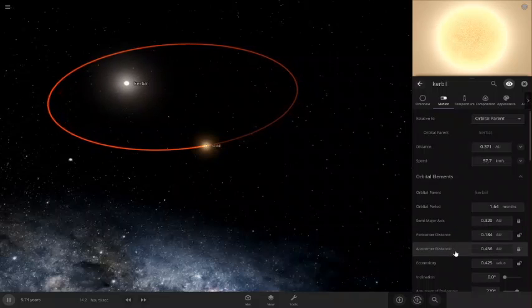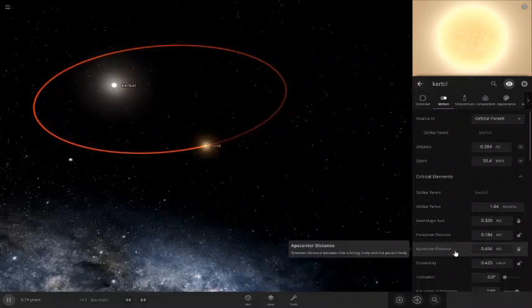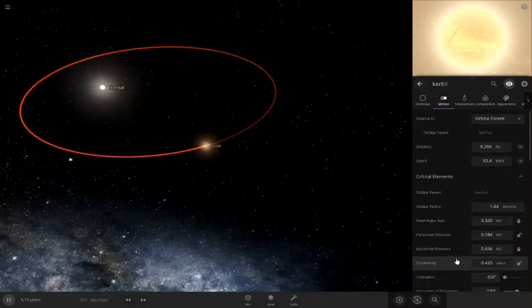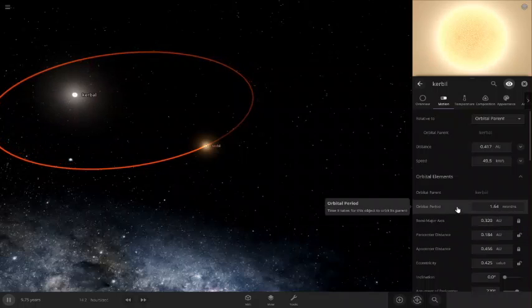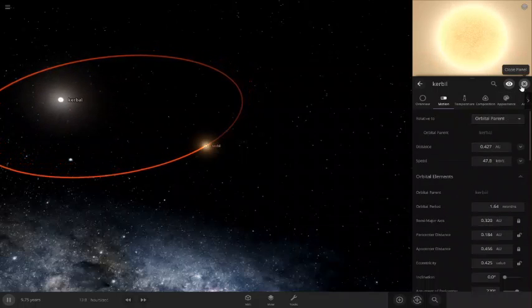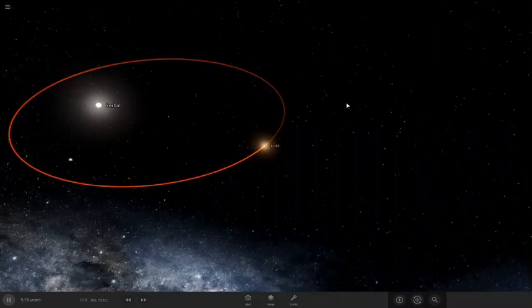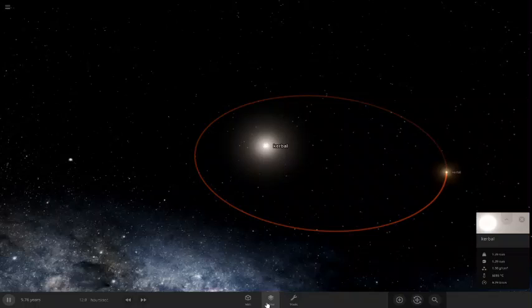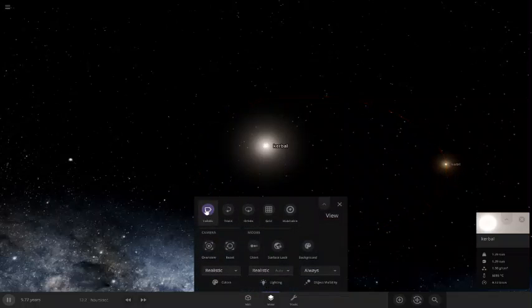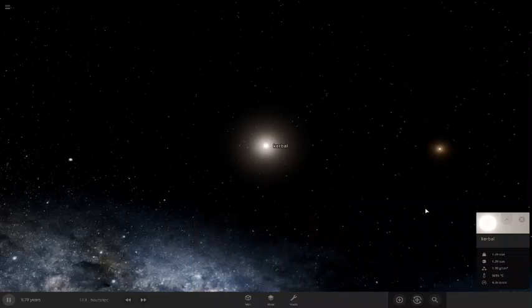The max distance to the barycenter is 2.32 astronomical units, and the minimum distance to barycenter is 0.088 astronomical units. The habitable zone of this system is 1.5 astronomical units to 2.17 astronomical units.